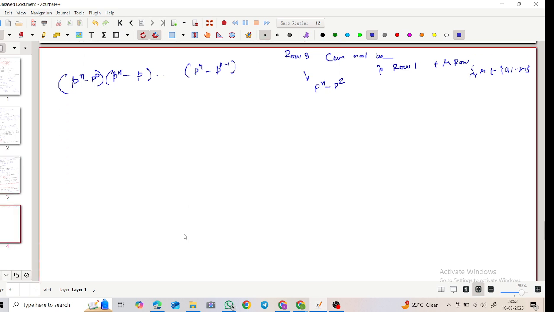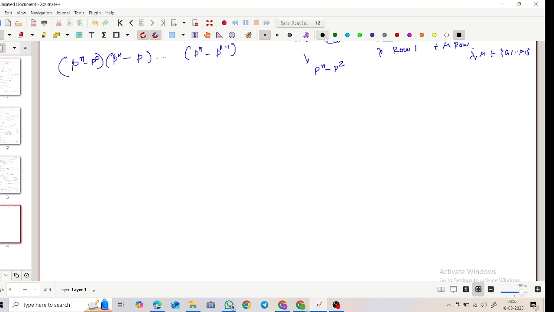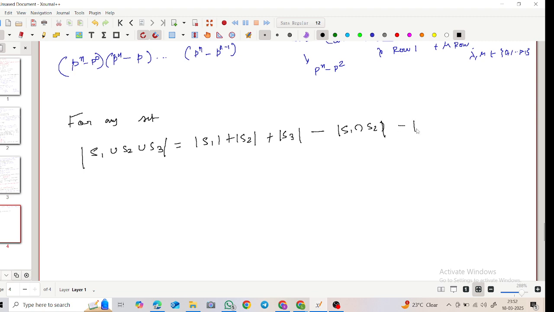Another thing I need to say. We know that for any set, the cardinality of S1 union S2 union S3 is the cardinality of S1 plus S2 plus S3, minus the pairwise intersections, plus the triple intersection.